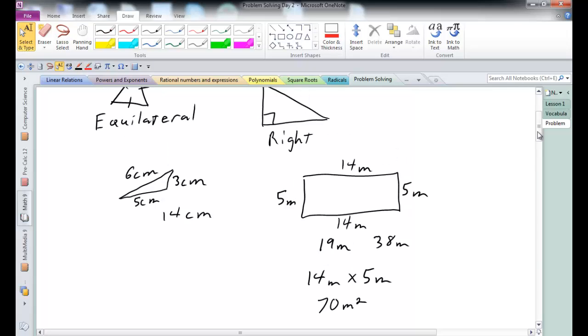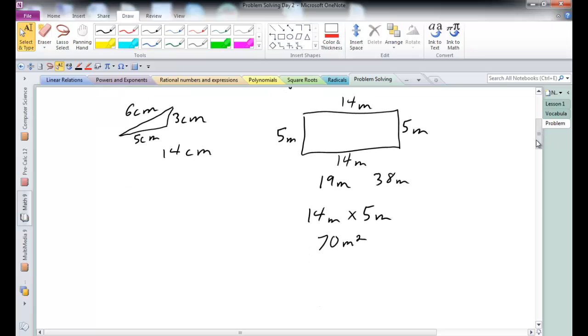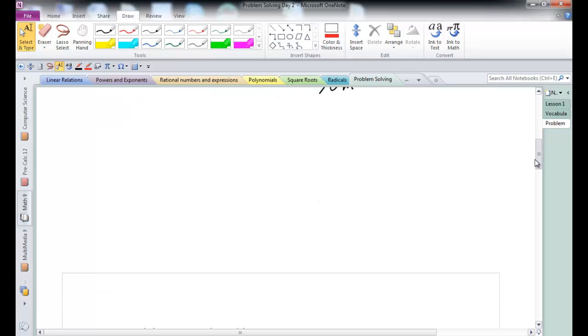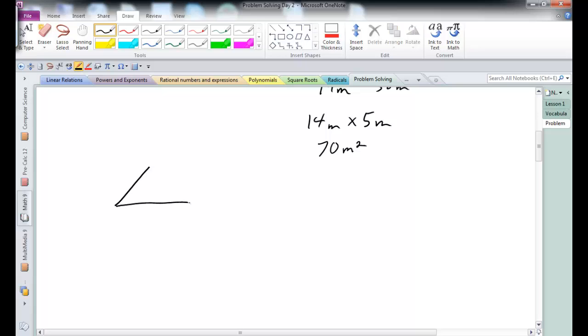Now the area of a triangle is its base times its height divided by 2. Something like this. If I was going to use this side as its base, then this would be its height. And so we'd have base times height divided by 2 equals the area of a triangle.